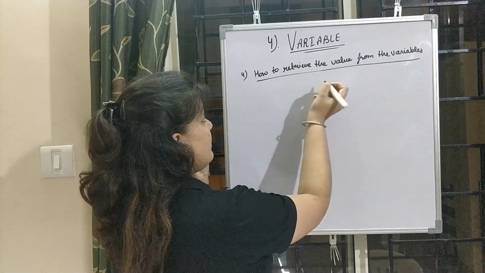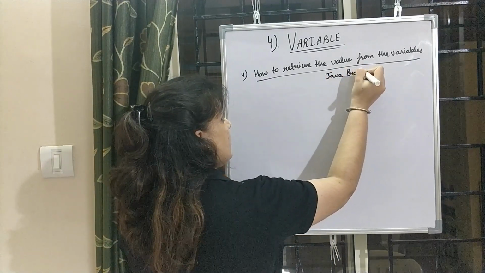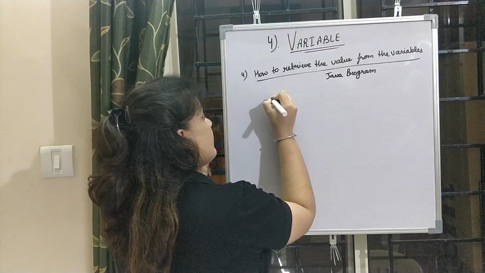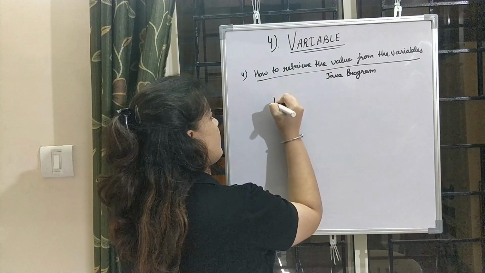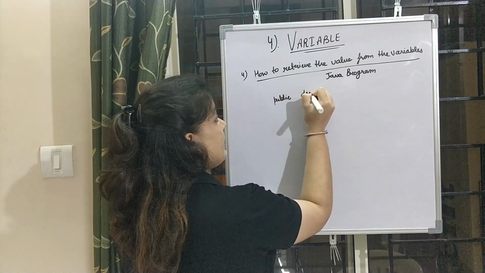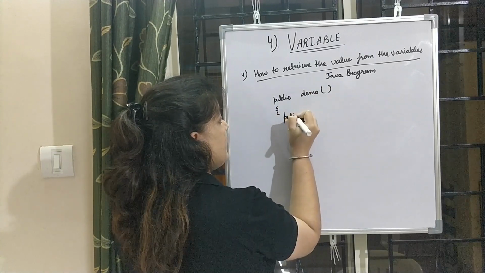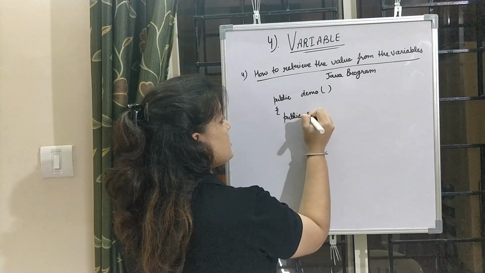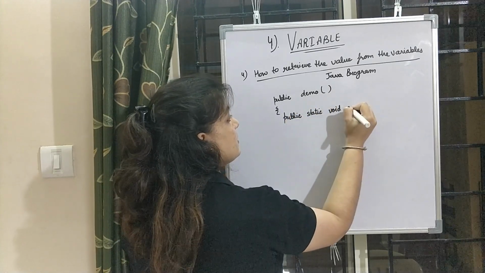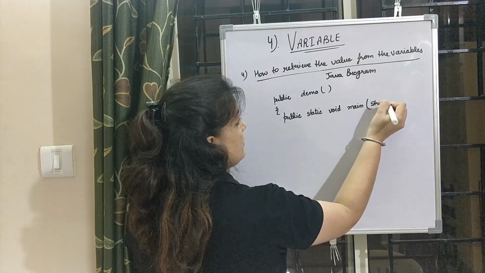For this I will write a Java program. That is public class, the program name, like I am taking here Demo, then the main function: public static void main(String[] args).